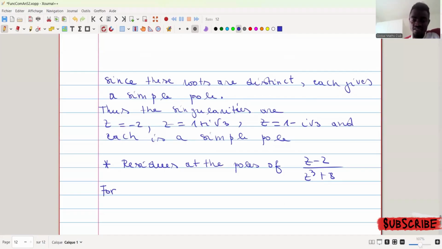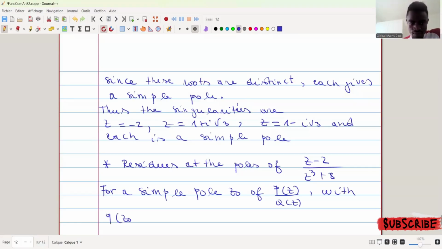We know that for a simple pole Z naught of this quotient, you have this quotient with Q of Z naught equal to 0 and Q prime of Z naught different to 0.